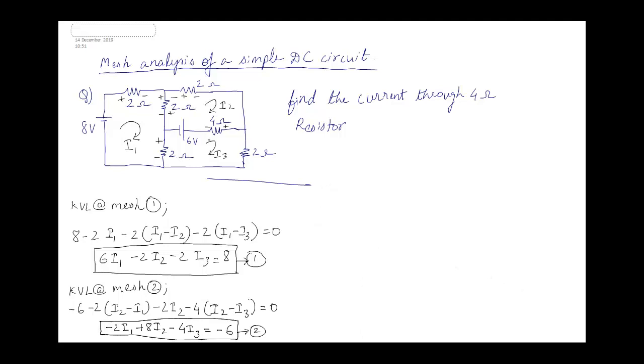similarly for the third mesh, since the current is flowing in this direction, I will write this as plus, minus, this as plus, minus, this as plus, minus. Now we can write the KVL for mesh 3. The KVL for mesh 3 will be, so let me start from the front.